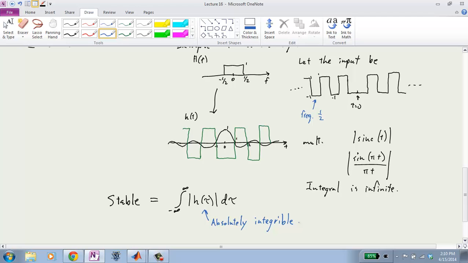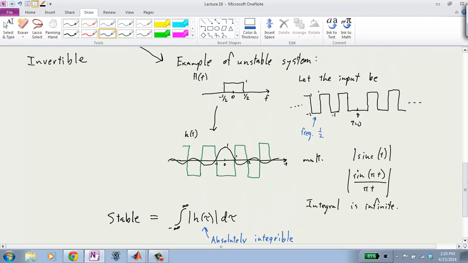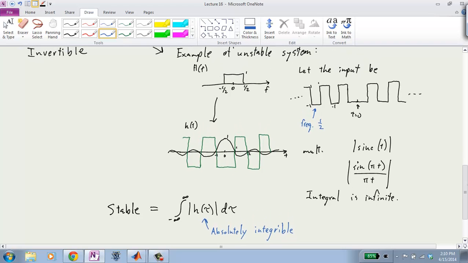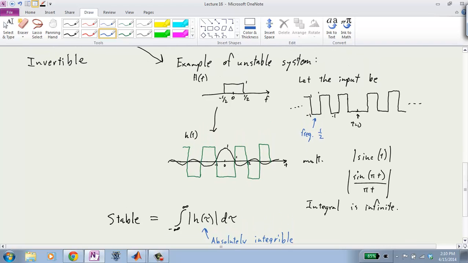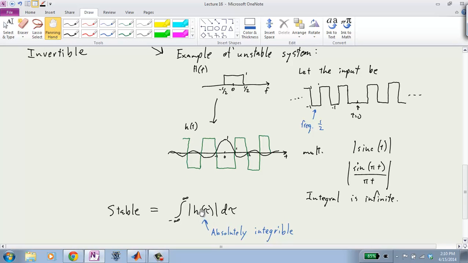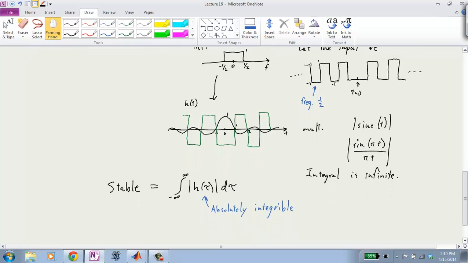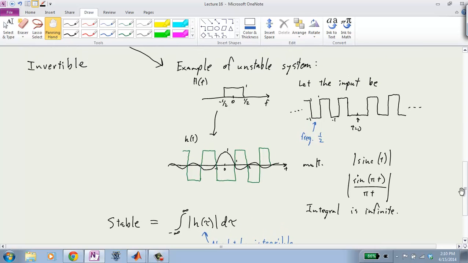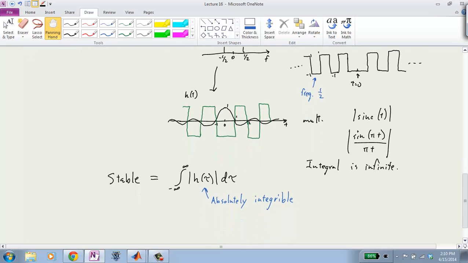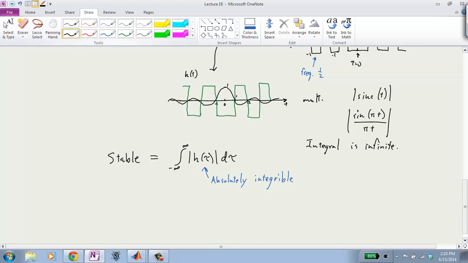So the if part is easy. I'm not going to write this proof out formally, but it's really quite simple. If we want to show that if this is true then the system is BIBO stable, all we have to do is say the input is bounded between plus or minus b. I guess I will write it.